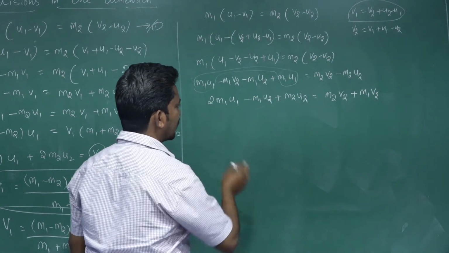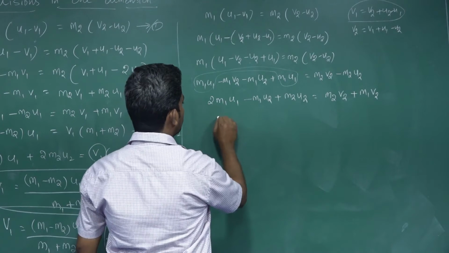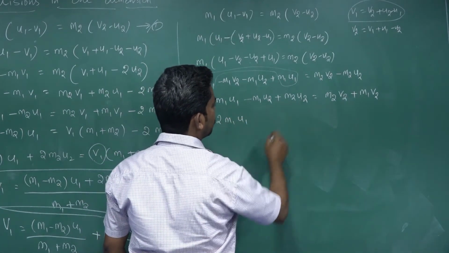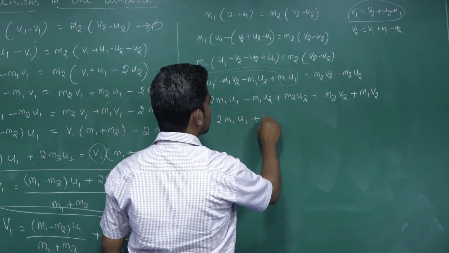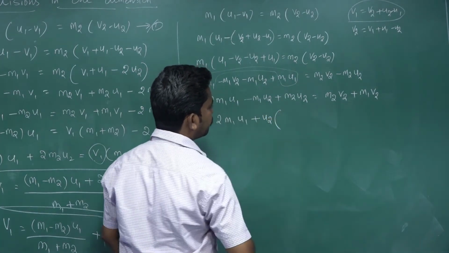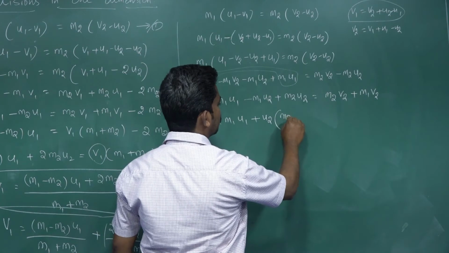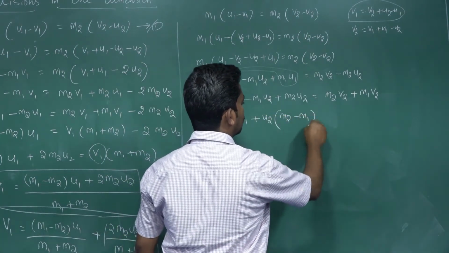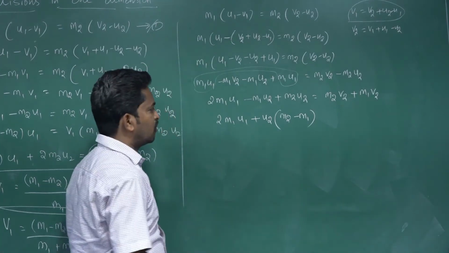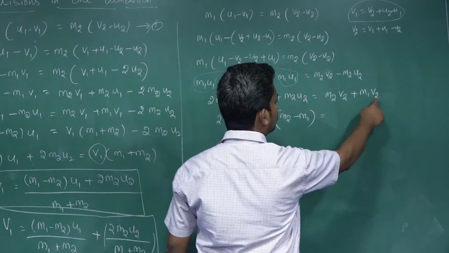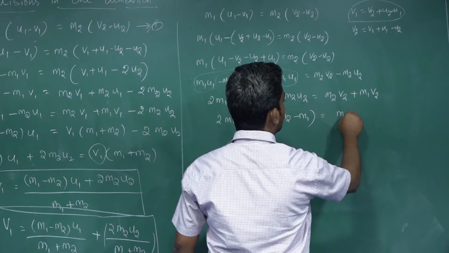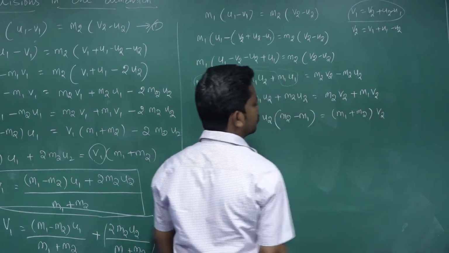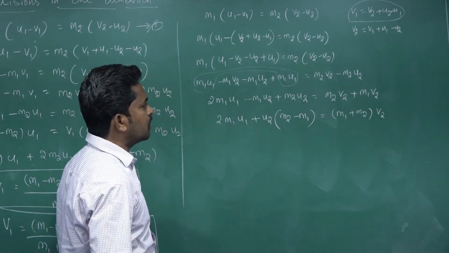So here in 2 m1 u1, u2 is a common factor, so plus u2 of (m2 minus m1) is equal to, here v2 is a common factor, so (m1 plus m2) of v2.